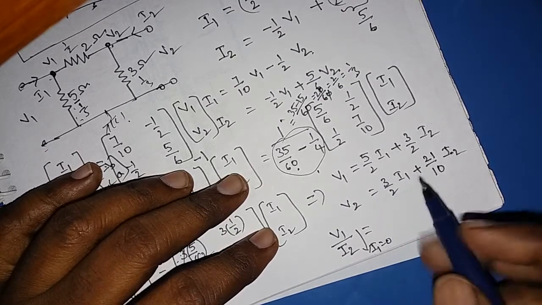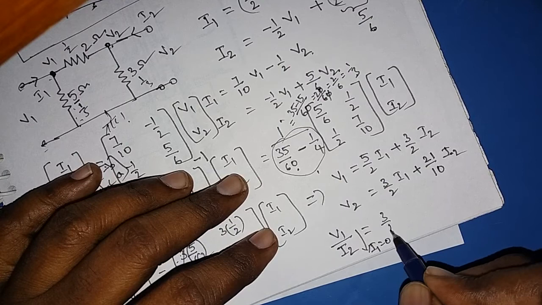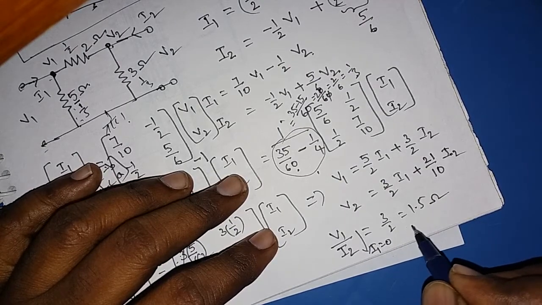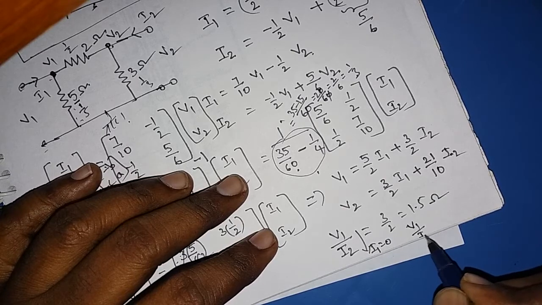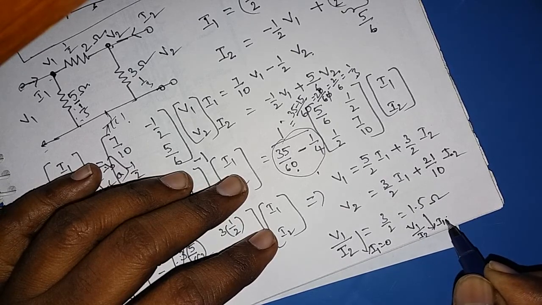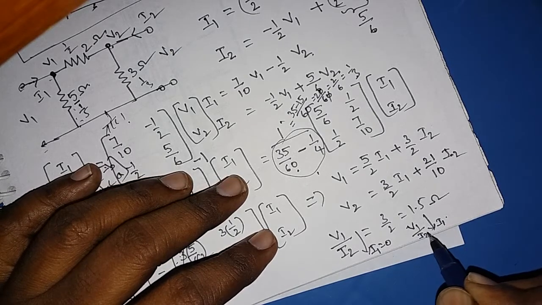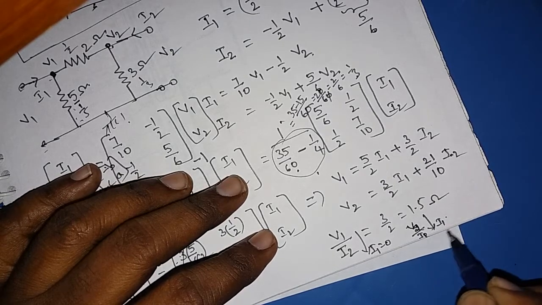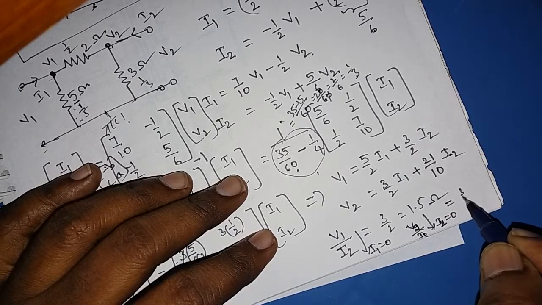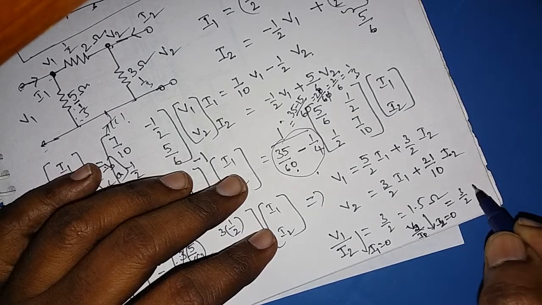So this is equal to 3 by 2, that is equal to 1.5 ohms. And similarly V2 by I1 when I2 is equal to 0 is also 3 by 2, which is 1.5.